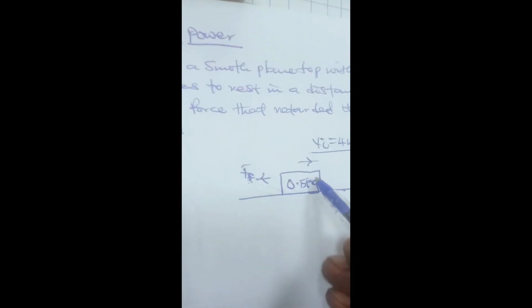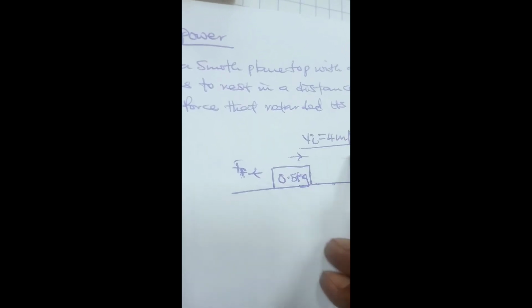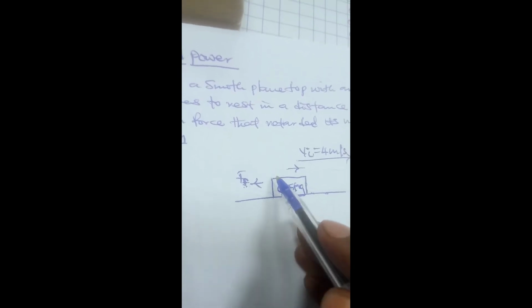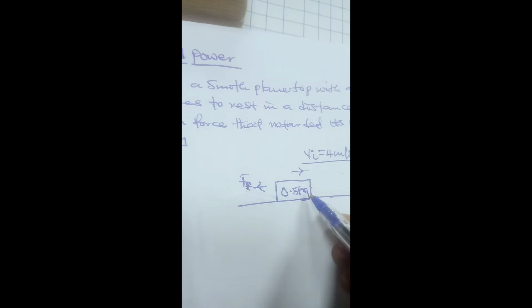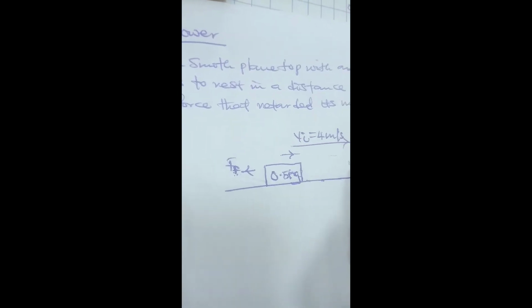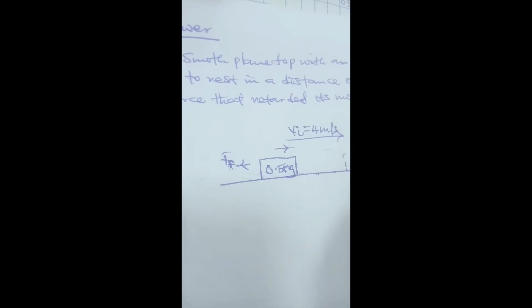What I mean by that is this. Look at this block very well. This block is moving in this direction, right? There is a change in kinetic energy of this object. Let's say the object is initially like this, and when it comes to rest, the object is now found here.